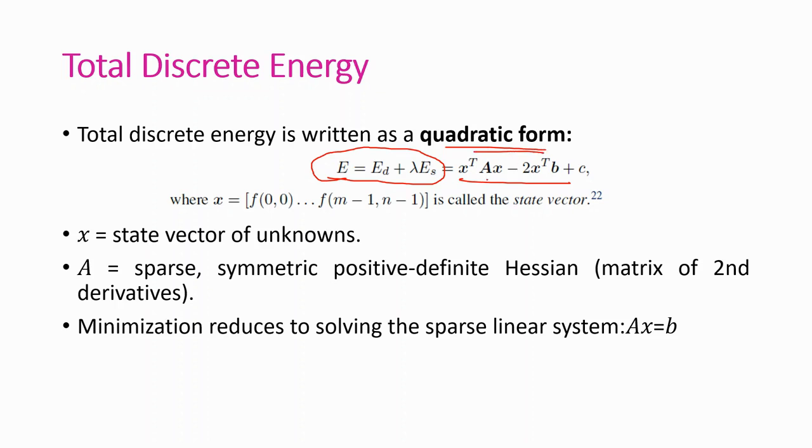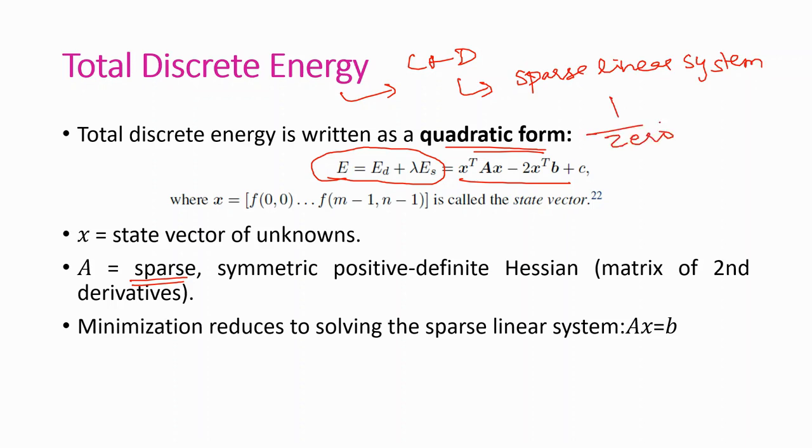This results in the quadratic form of equation, that is x transpose Ax minus 2 into x transpose b plus c. So where A is nothing but sparse. So on converting the continuous into discrete, we will result in a sparse linear system. Sparse linear system means most of the values are zeros.